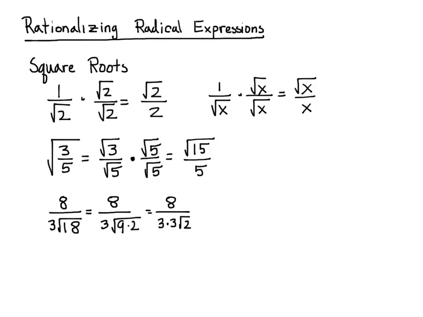And so then we have actually 8 over 9 times the square root of 2, and then we rationalize it to be 8 times the square root of 2 over 9 times 2, and of course you can reduce the 8 and the 2 to make that 4 square root of 2 over 9, excuse me, not the square root. Okay?